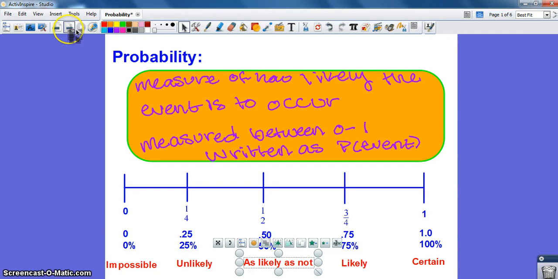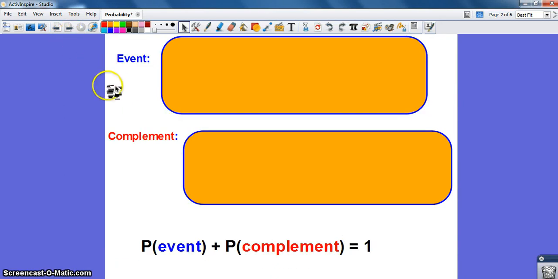So let's go on to the next slide. I had mentioned earlier the word event, and our definition for event would be a set of one or more outcomes that could happen. So let's write that down.